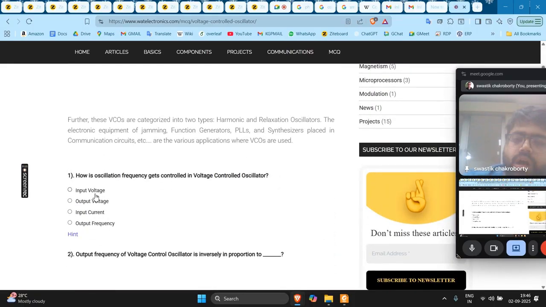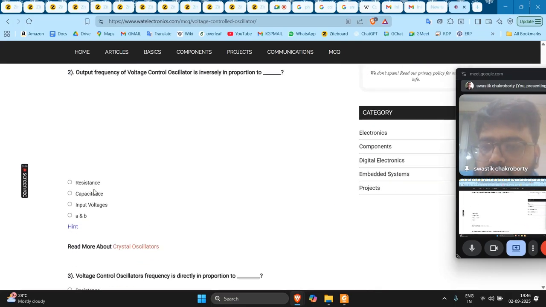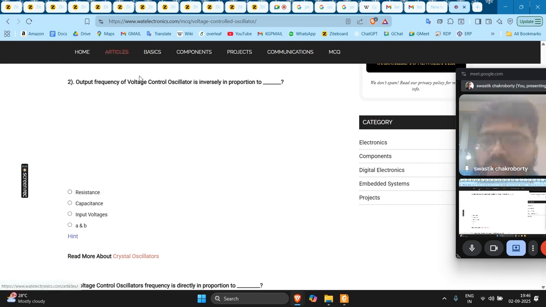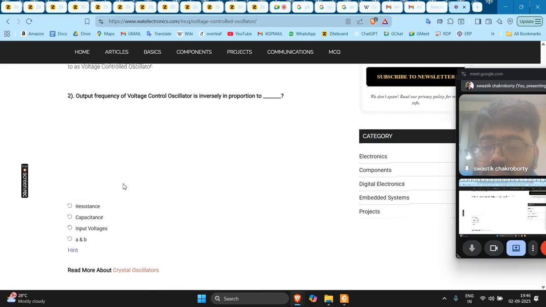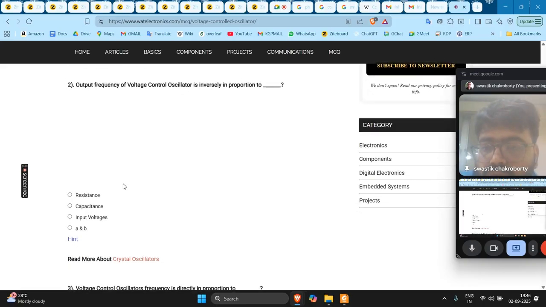Next, how is oscillation frequency controlled in a voltage control oscillator? By the input voltage. Next, output frequency of the VCO is inversely proportional. Output frequency is directly proportional to the voltage usually.